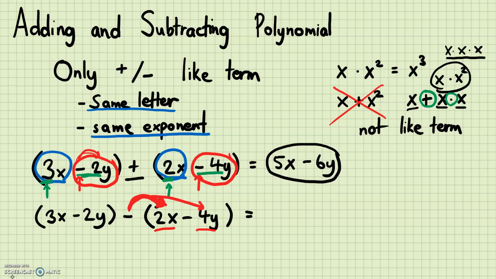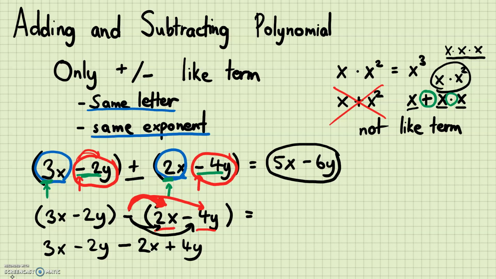So let's rewrite this, distributing the negative sign to each of these. So we have 3x minus 2y, and then minus 2x, because the negative sign has been distributed to the positive 2x, and then plus 4y, because the negative sign is distributed to the negative 4y.